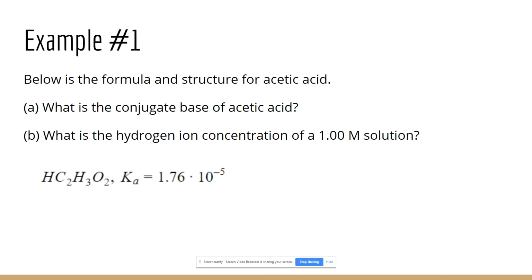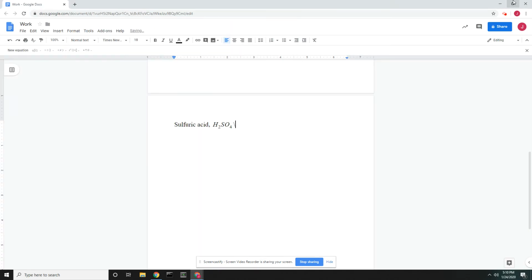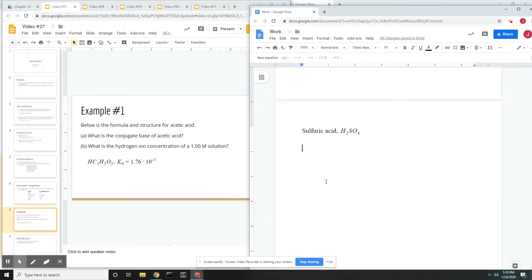Pause here. All right, I'm going to work through this one with you. Okay, so before you do any sort of problems like this, it sometimes helps to just write out the dissociation reaction.